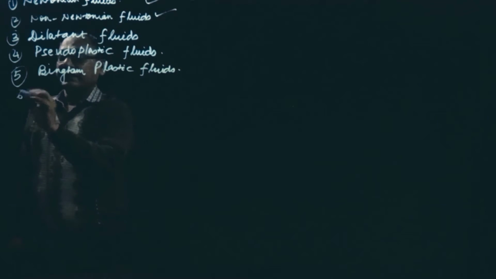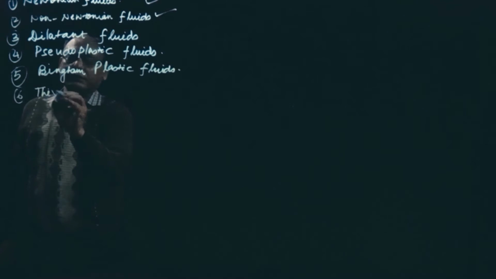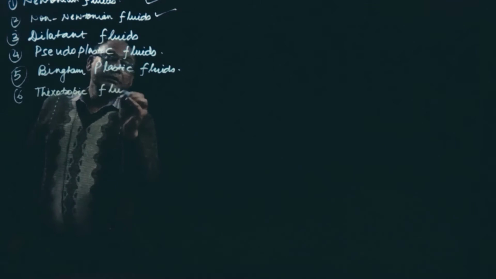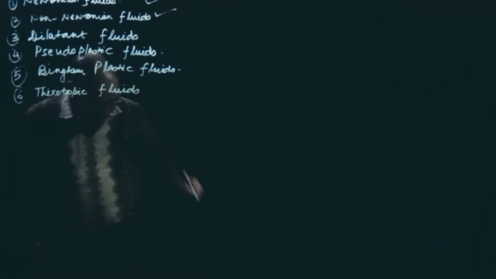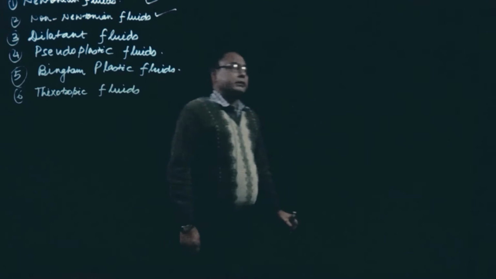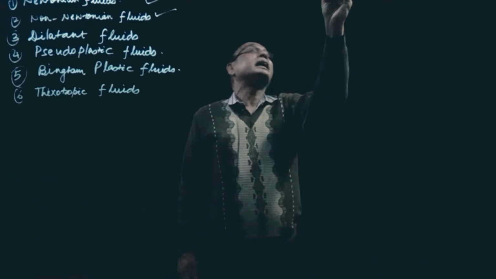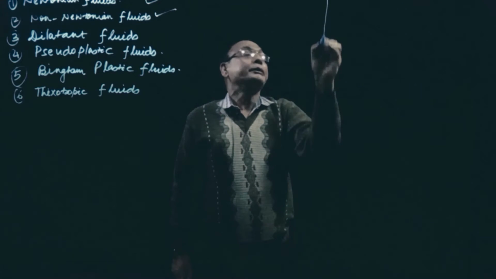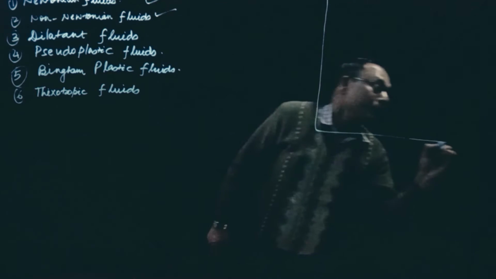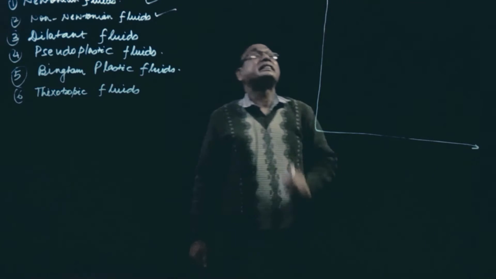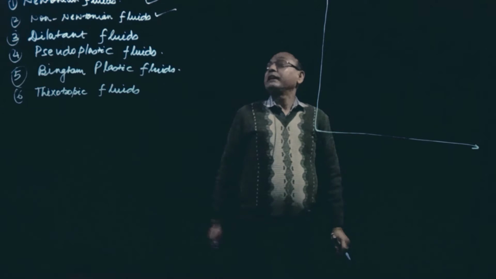And number six, thixotropic fluids. I am going to draw one figure, and that figure is self-explanatory. If you remember this figure, then by the help of this figure itself, you can remember all these names.